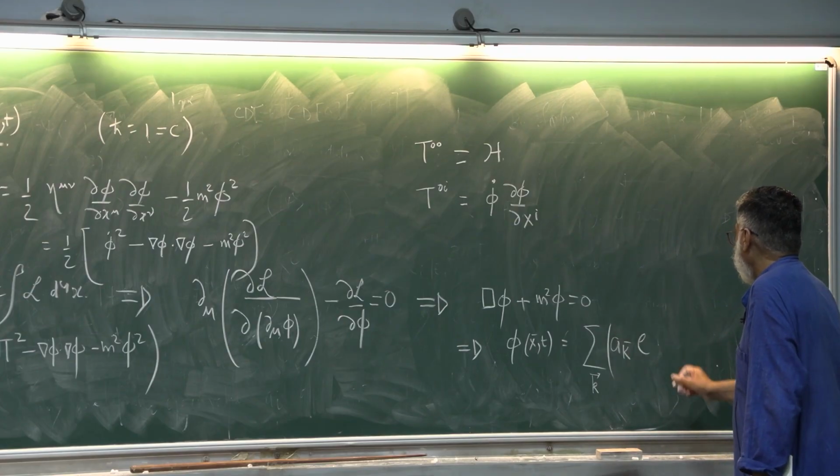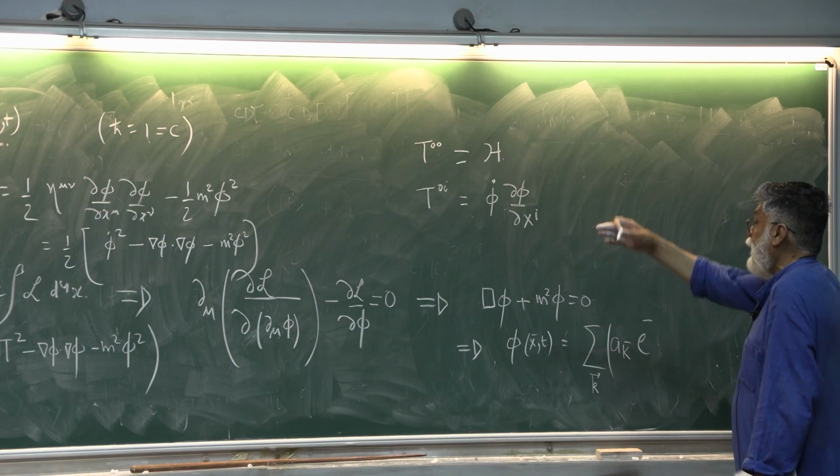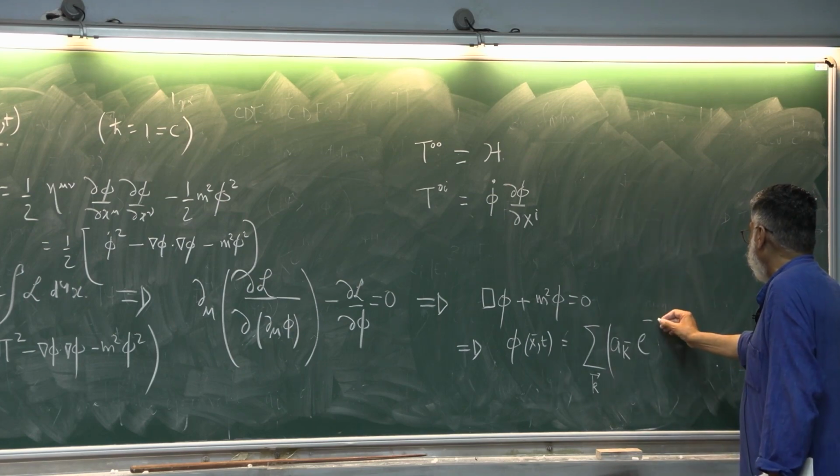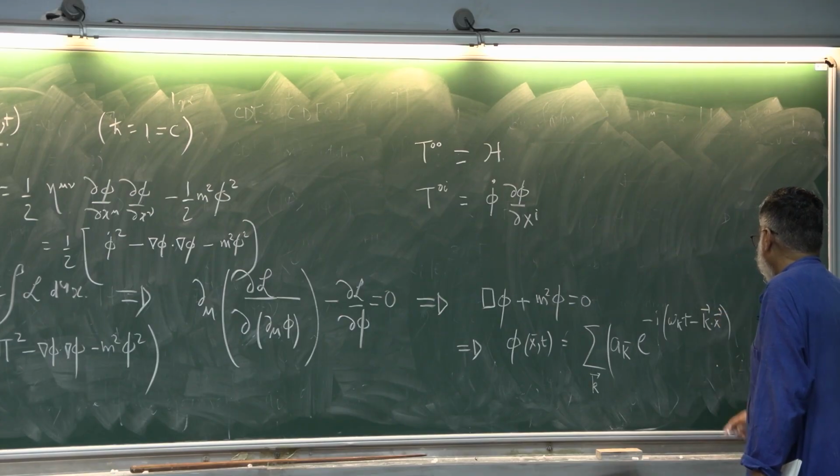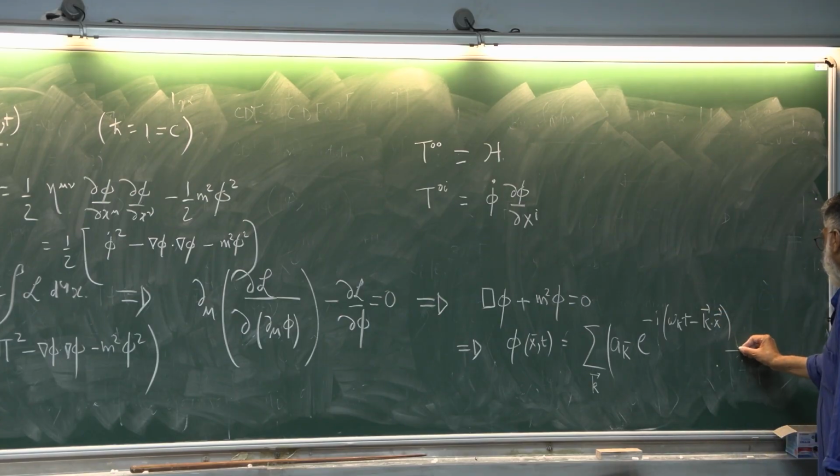So the whole thing can be written as summation over k, a_k e raised to power minus i, remember h bar c I have set to unity, omega_k t minus k dot x, plus a_k star e raised to power i omega_k t minus k dot x.